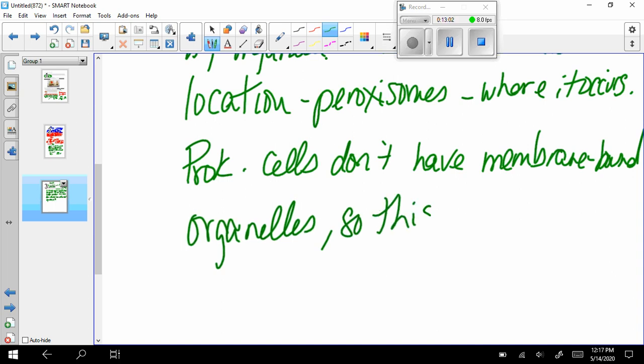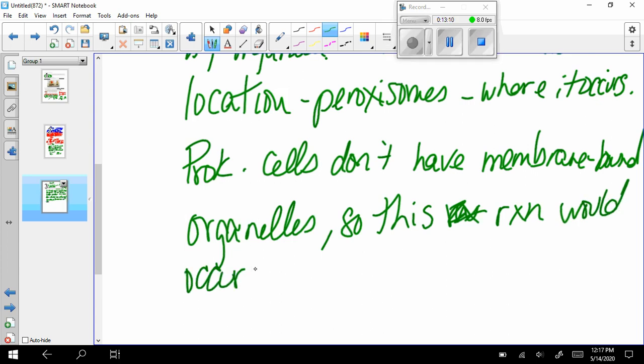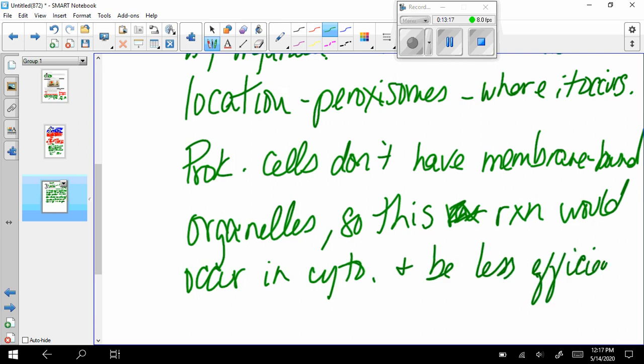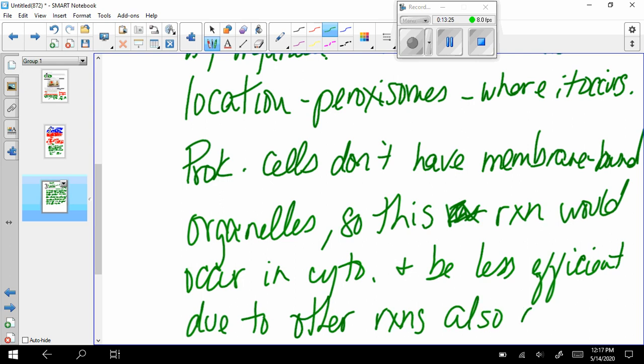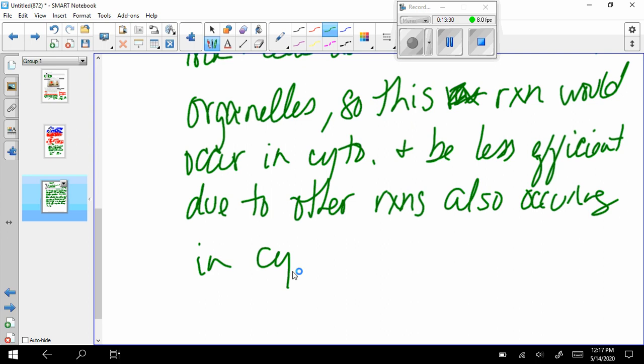So this reaction would occur in the cytoplasm and be less efficient due to other reactions also occurring in the cytoplasm, which means you have a chance of having multiple reactants and multiple products in that area, as well as multiple enzymes in that area.